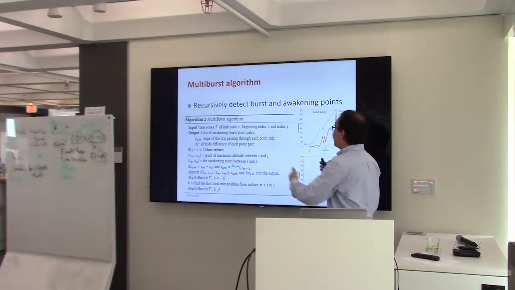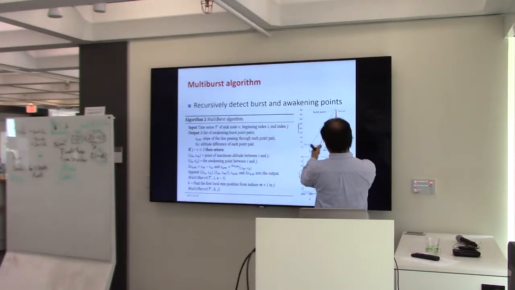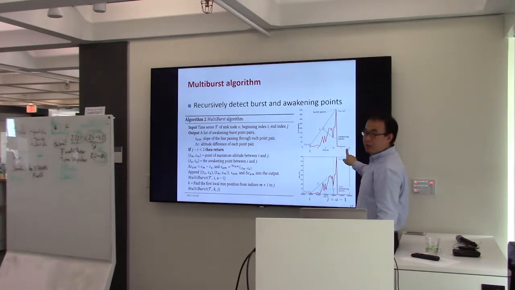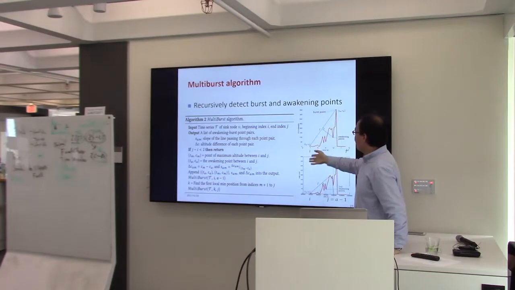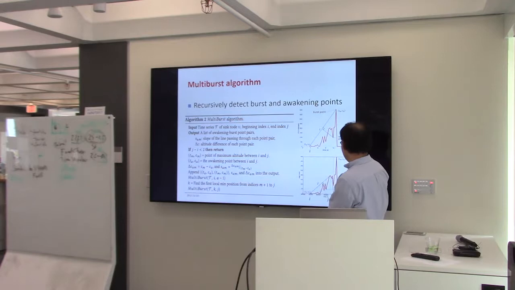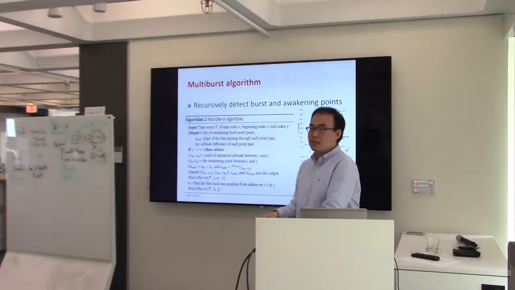So this is the recursive detection algorithm for bursting and waking points. First of all, we take the whole time series, from the very beginning to the very end, and find the maximal data point as the burst point. Using the definition, we find a waking point, and after we find the waking point we move a little bit forward and input i and j into another recursive iteration.